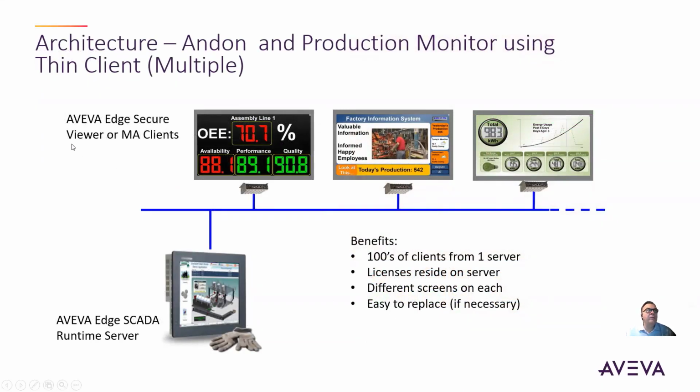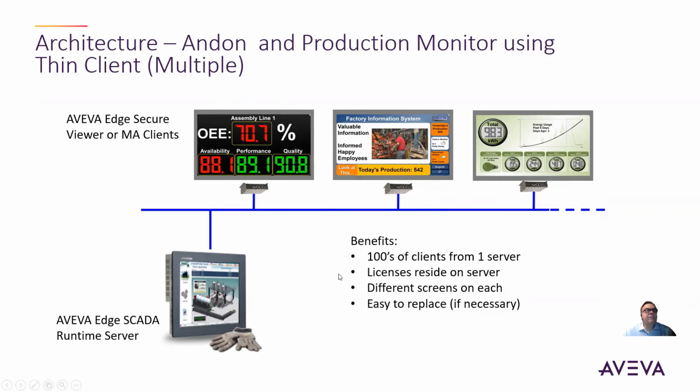This could be either the secure viewer thin clients that I mentioned before, or mobile access thin clients, with big screen TVs or monitors hanging up, either with local computers or browser based as well. I know some of the big screen TVs that I've tested have built-in browsers that happen to work. You would need an external computer for those.